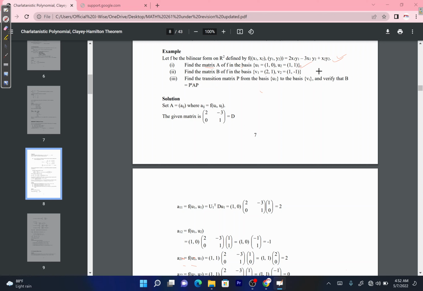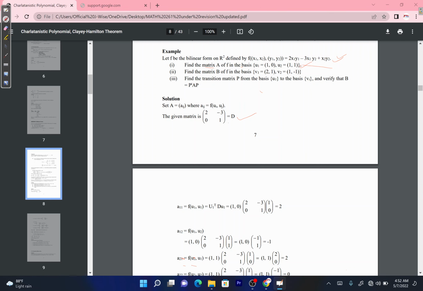First of all, we can generate our coefficient matrix from this. We let that one be D, such that the element on the first row first column is 2, and the first row second column is -3. There is no element on the second row first column, so that's 0.